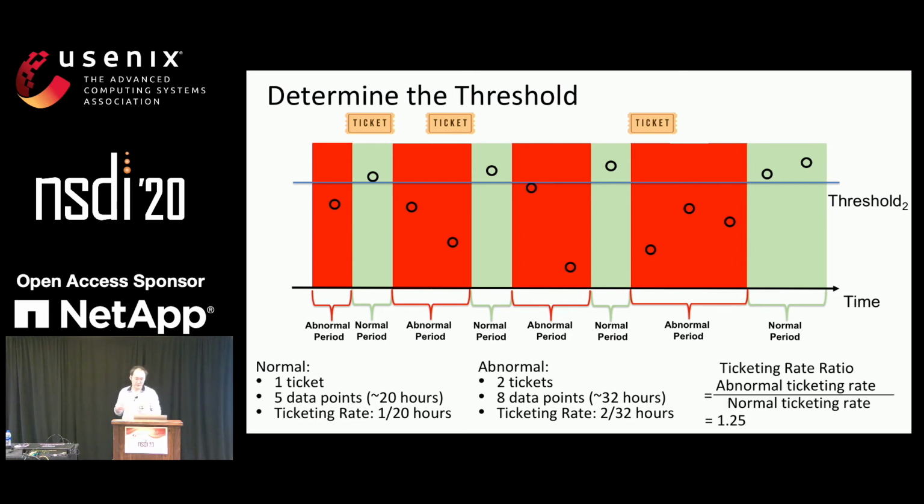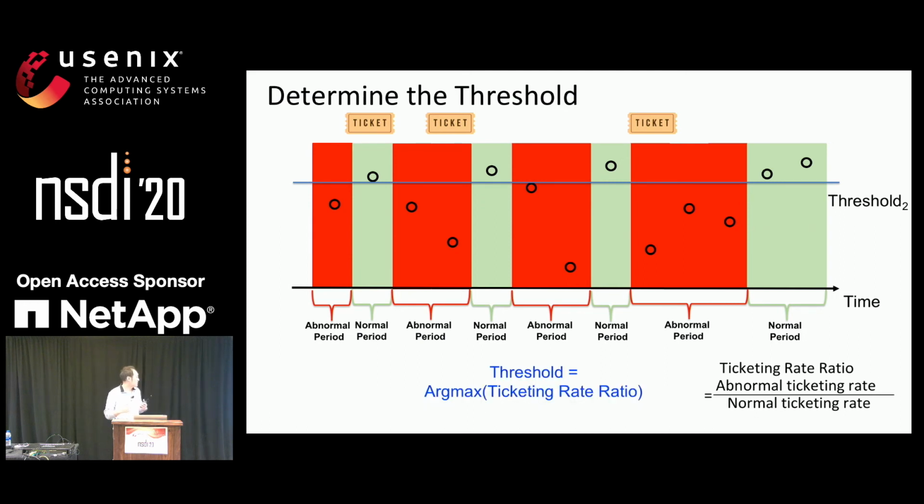The ticketing rate ratio is 1.25 for threshold 2, which is much lower than the one for threshold 1. So the main idea here is that we want to iterate over all possible thresholds and choose the threshold that maximizes the ticketing rate ratio. Intuitively, we put as many tickets as possible in a short period by selecting this threshold.